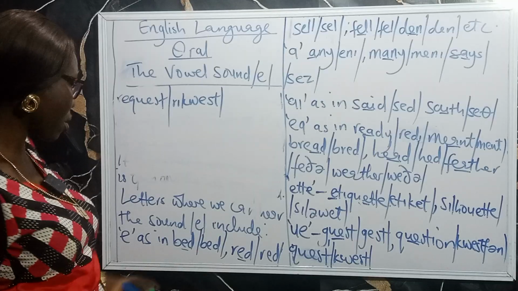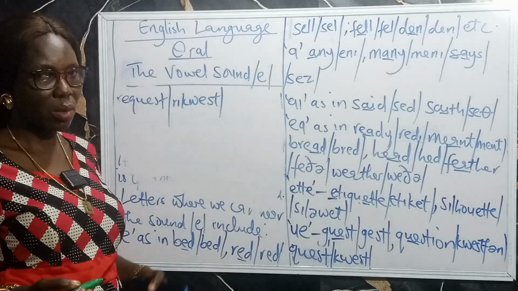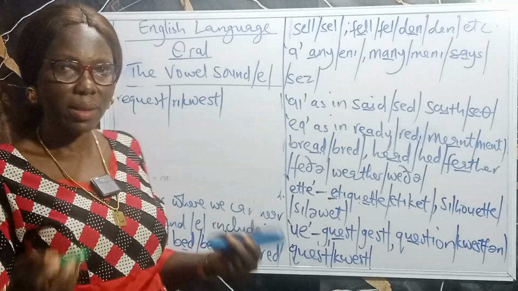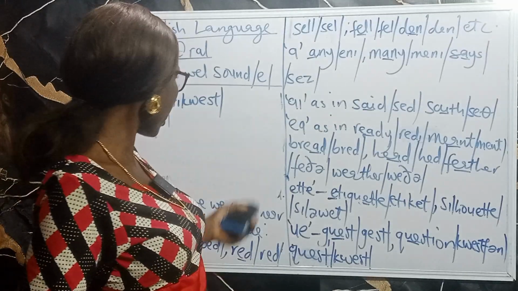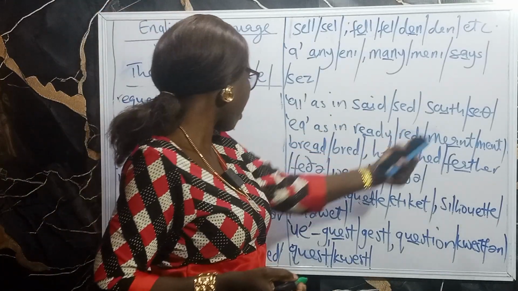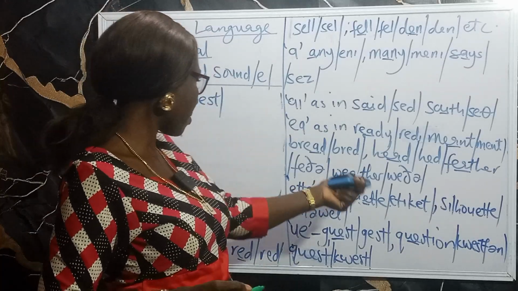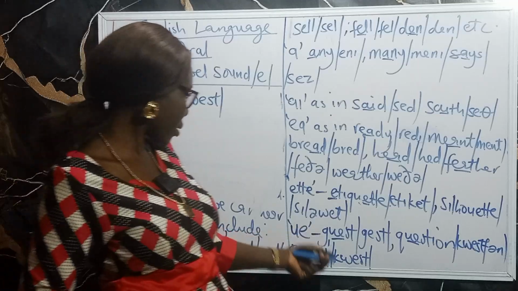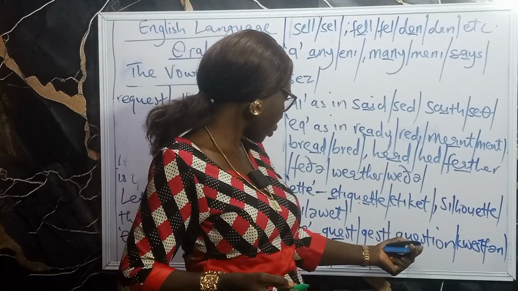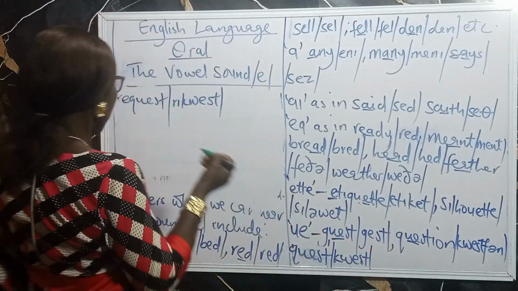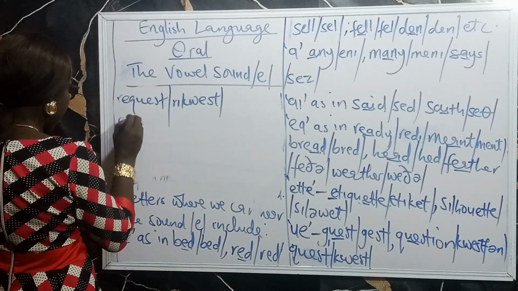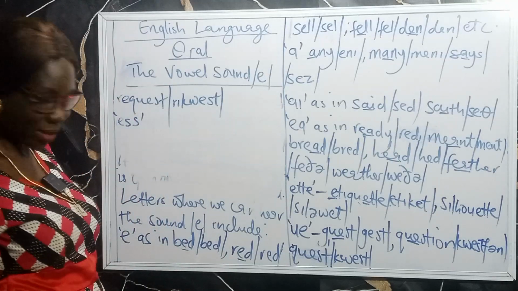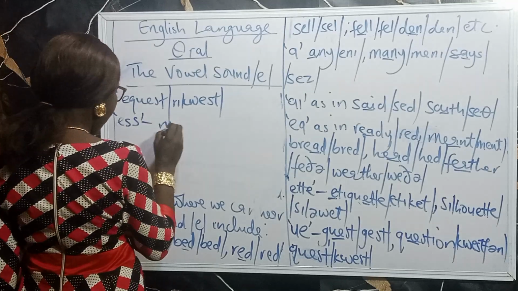And so many other words or letters where we can hear the sound. I mentioned AI too, as in said, EA as in bread, head, and so on. UE as in quest, guess, question. Even ESS too. You can see it in ESS as in mess.